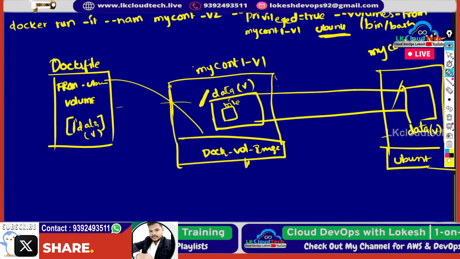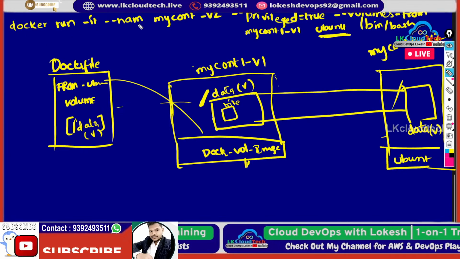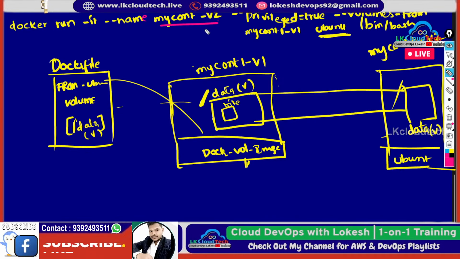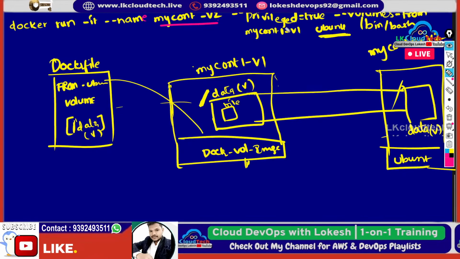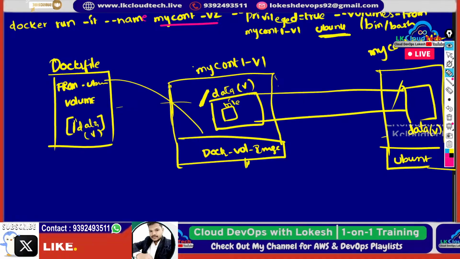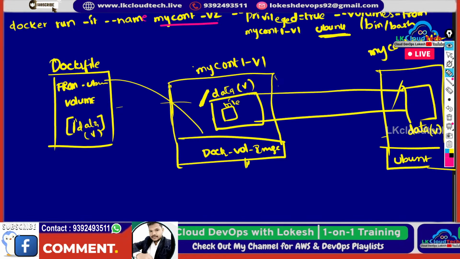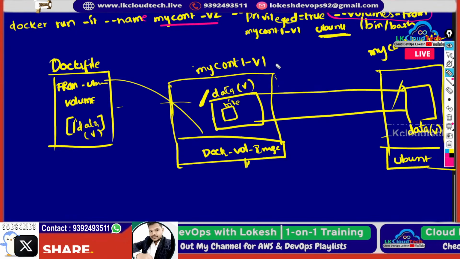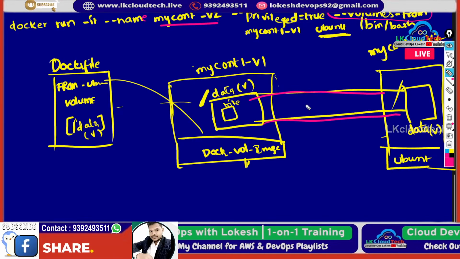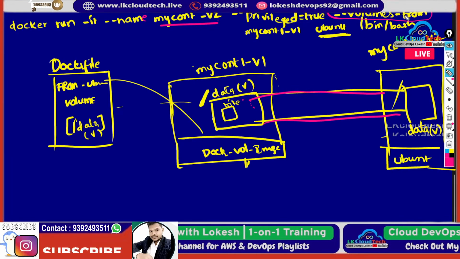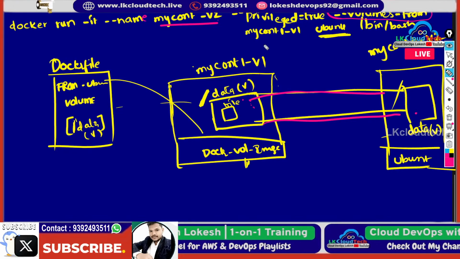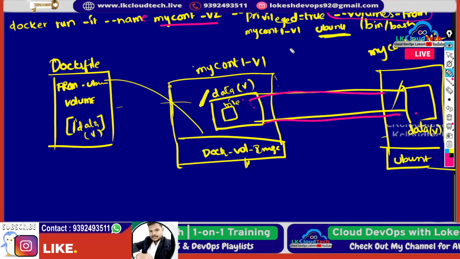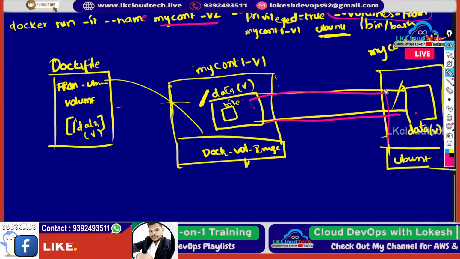Here you try to understand. Docker run hyphen it name, my container volume 2. This is a container. Till here you know already, right? You must keep privileged true. Privileged means you are giving permissions. And volumes-from means you are taking from this volume, from my container one, and creating this one.